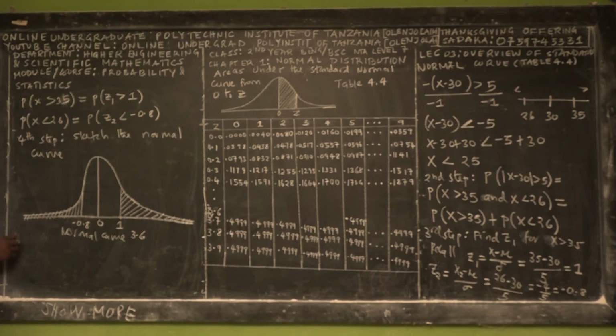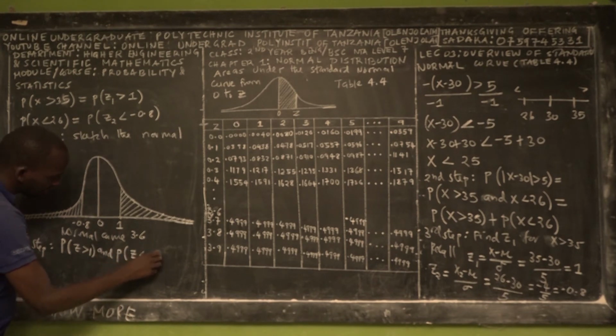So we say that we find the probability of z greater than 1 and the probability of z less than negative 0.8.